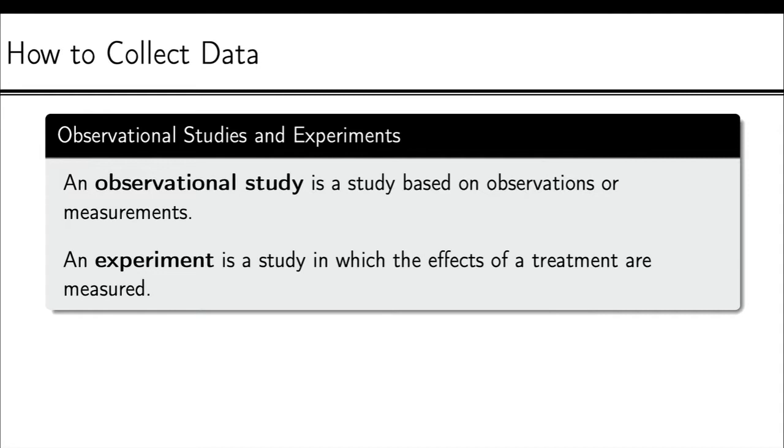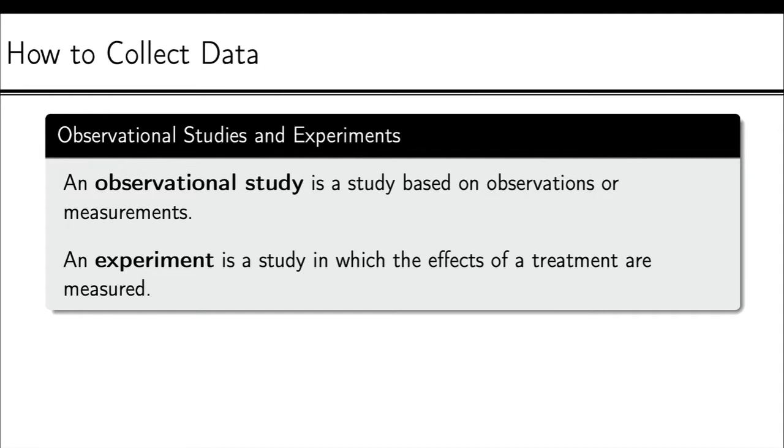An experiment is where you give different treatments. You're trying to control something. You give different treatments, and then you measure the effects of those treatments. An experiment could be something like, I'm gonna plant some seeds, and some of the seeds I'm gonna give a certain amount of sunlight, and then others I'm gonna give a different amount.